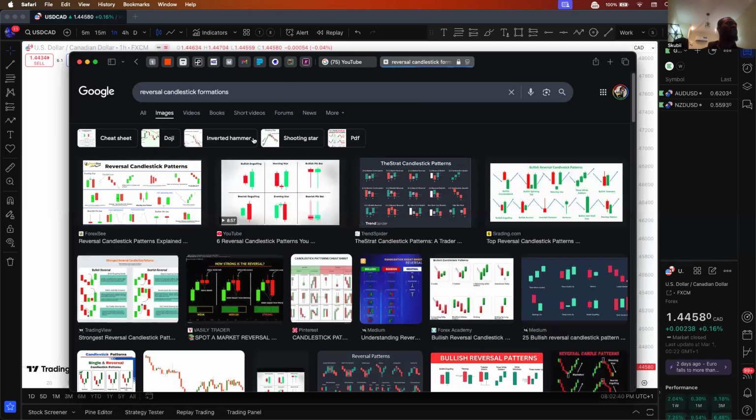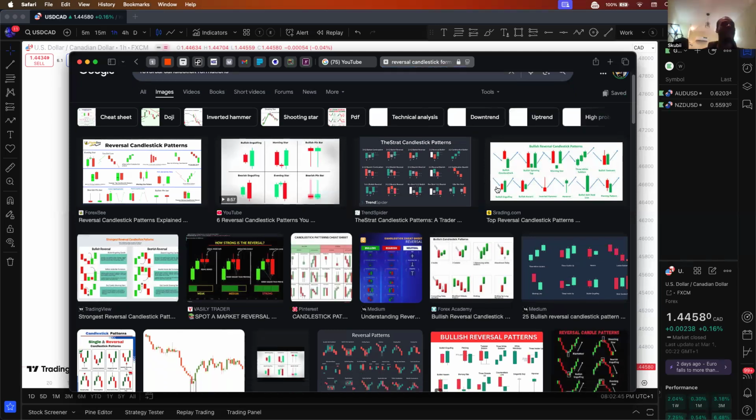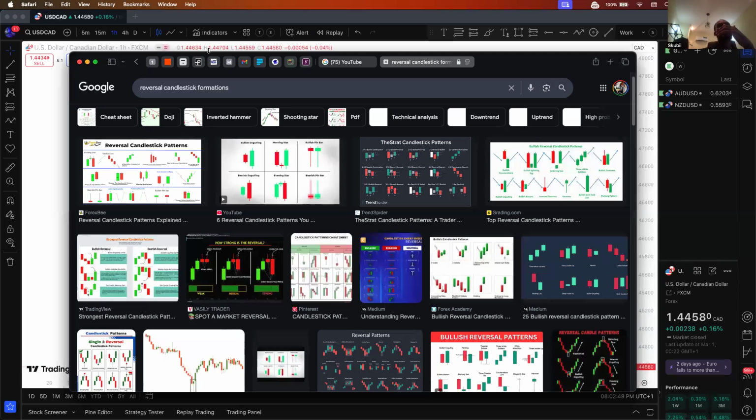We have doji, inverted hammer, shooting star, evening star, all these ones. There are a lot of reversal candlestick formations. You cannot chase all of them, or say you want to use all of them.